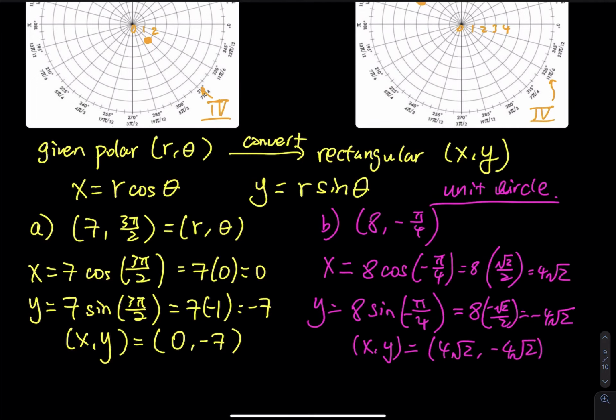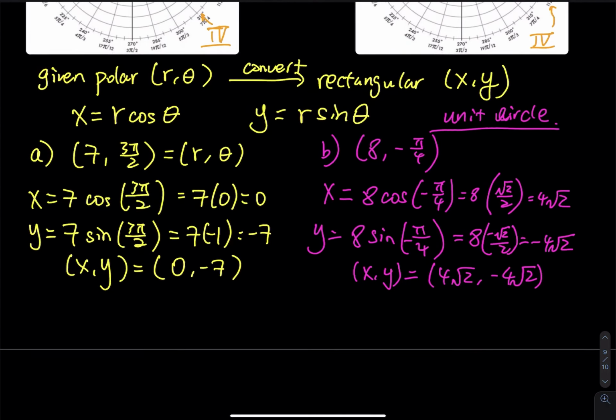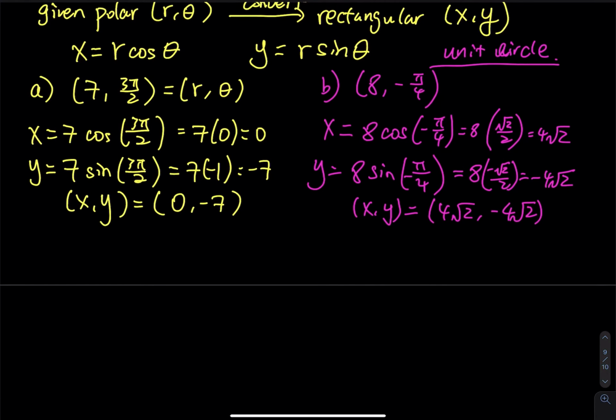Okay, so that would be b, and then c. We have negative 2, and then 3 pi over 4, and then that is r comma theta, so x is equal to r times cosine, which is negative 2 times cosine of 3 pi over 4.